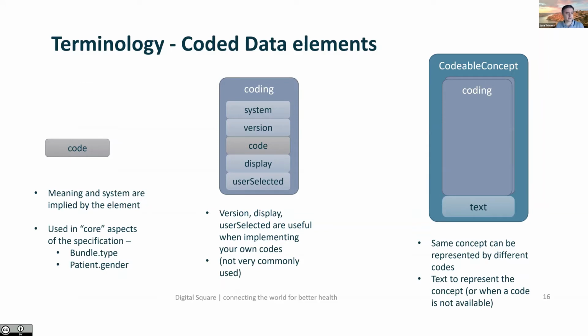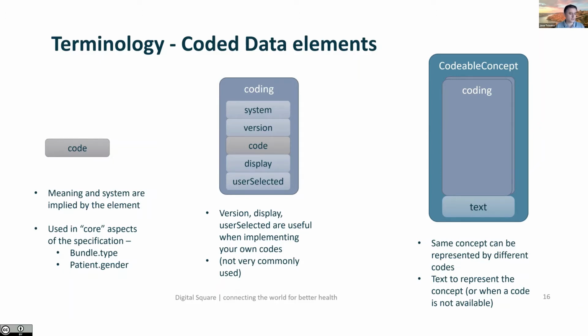So if you put active in a code that's for a FHIR resource status, then it's the status of the resource. If you put active on another thing, for example, what's the patient's lifestyle, is it active or a sedentary lifestyle? That's completely different, but that's in a different data element. So the code has a meaning and the coding system that are implied by the element itself.